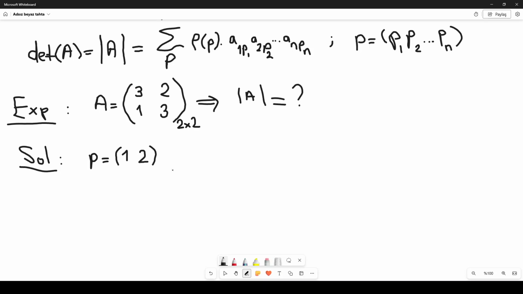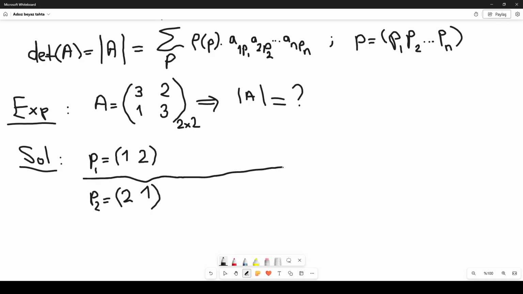Since we have 2 elements, how many different permutations do we have? For the first position, we have either 1 or 2, and for the second position, again either 2 or 1. So we have only 2 options, which is good. We have P1 equal to 1, 2, and P2 equal to 2, 1, where we just swap the positions of the elements. So these are the permutations.